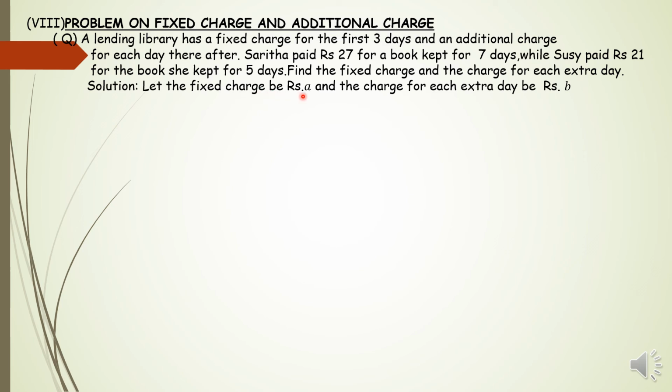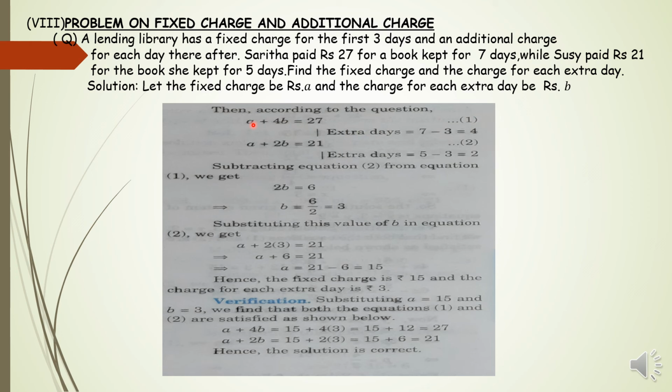So I am taking the fixed charge as rupees A, and the charge for each extra day as rupees B. You can take it as Y also. So according to the question, for the first 3 days the charge is A, and for the remaining days you need to pay an additional charge. The additional charge is B.